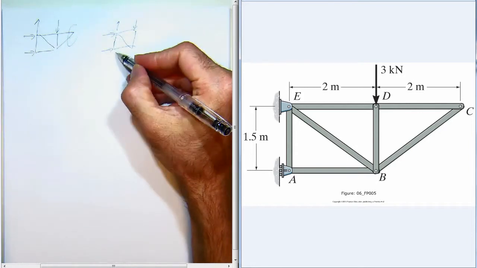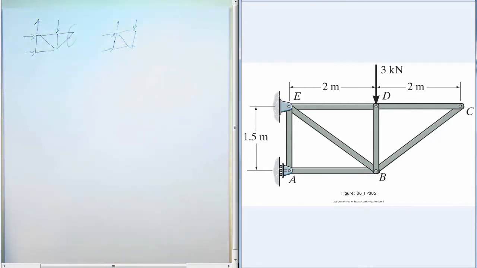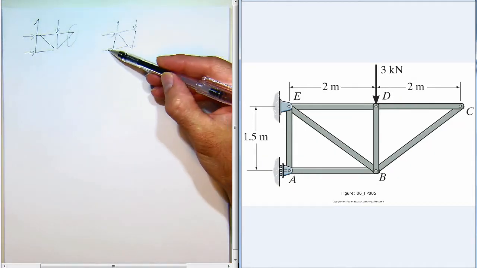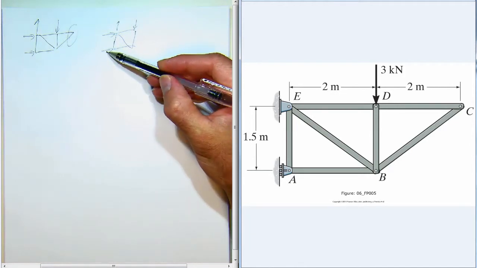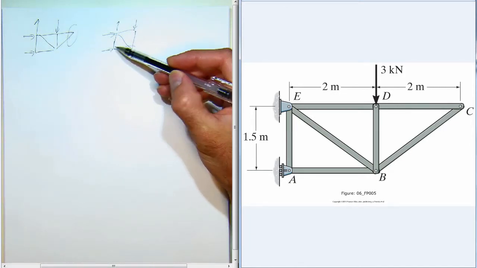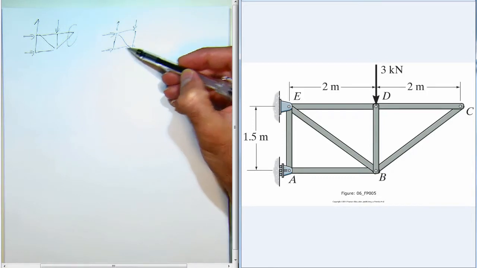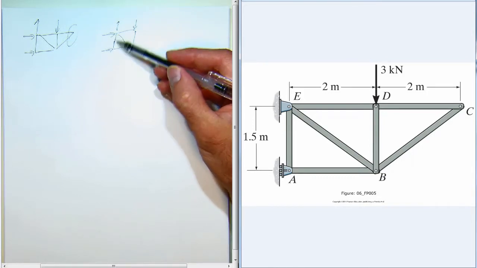And so now if we look at point A, it's not exactly what we were talking about before, where you have three members, two of which are parallel, but it's really similar. Here we have these two parallel forces, a force from the reaction and then a force in that member. And so this member's force has to be horizontal. So that means that the force in this member is 0.